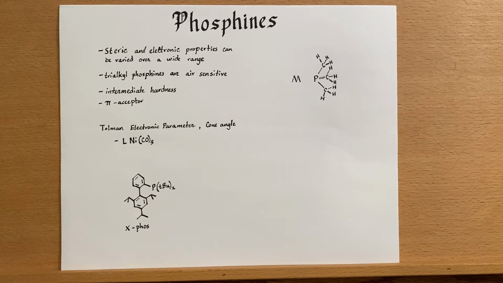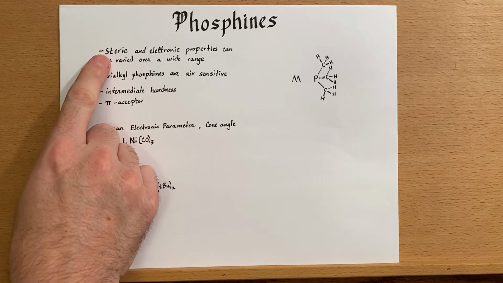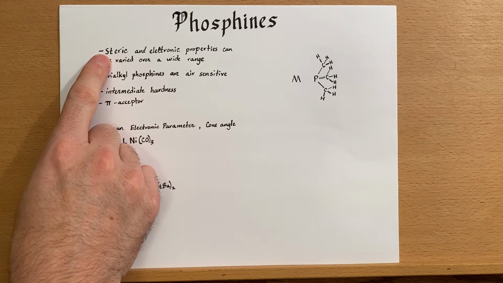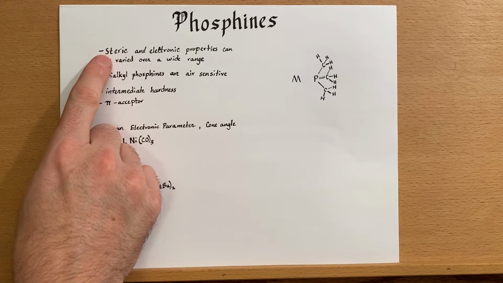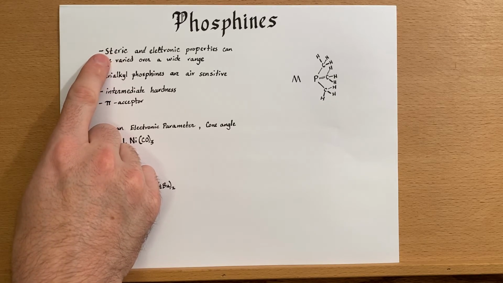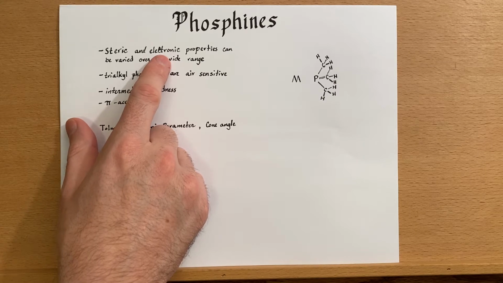Now, there are other properties that we like about phosphines as well. One of them is that they have a very wide variety of properties that we can choose from, ranging from large to small sterics, and also from electron withdrawing to electron donating properties.